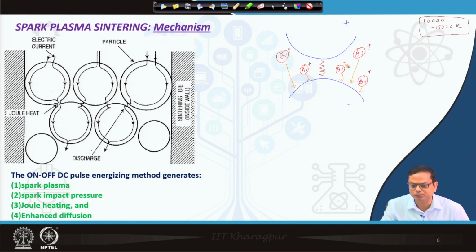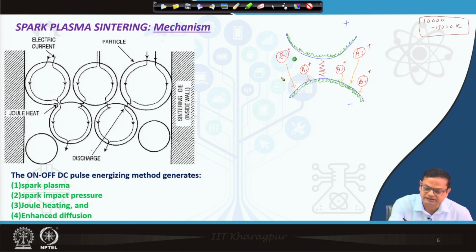At the same time, because of creation of very high temperature, there will be incipient fusion, or only a few atomic layers will be getting fused at that high temperature. A few atomic layers will get molten at a very high rate, very fast, and this molten material, because of high temperature, will get vaporized, and these vapors will create clusters.